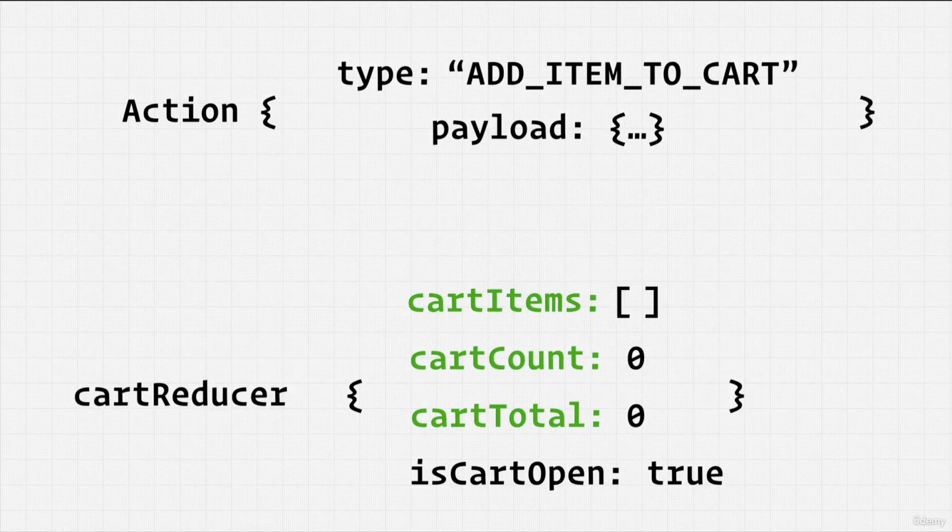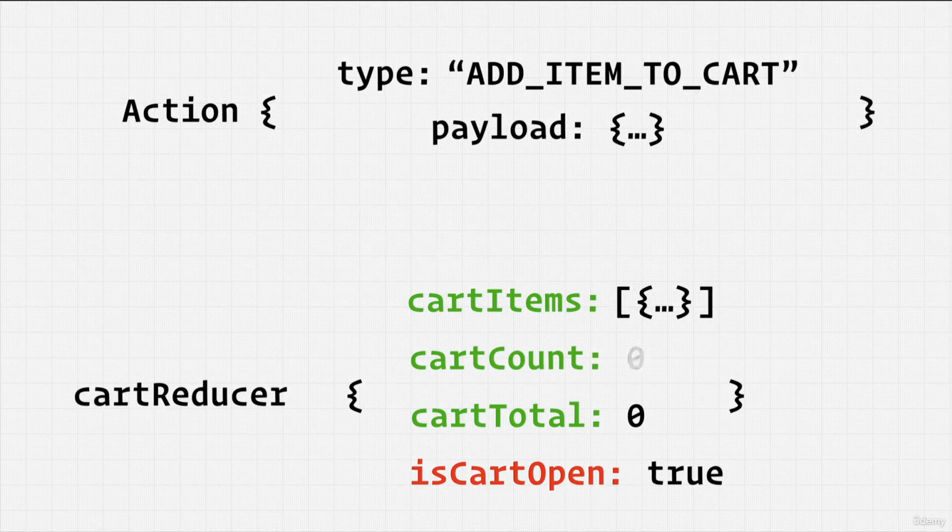Cart items, cart count, and cart total all need to update whenever an item adds to cart. But we know isCartOpen is completely unaffected by adding items to cart. So cart items will add that corresponding item into it. We might do some modifications here, as we do, where we create a new object that has a quantity value on it. But the main thing is that the cart items array gets updated.